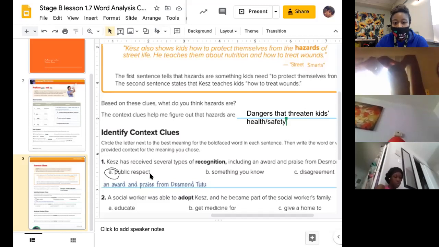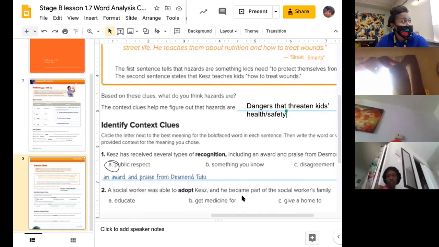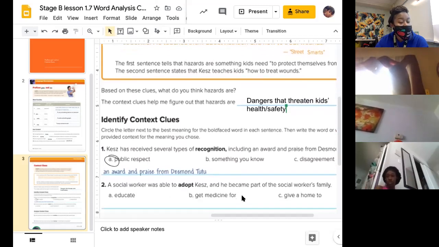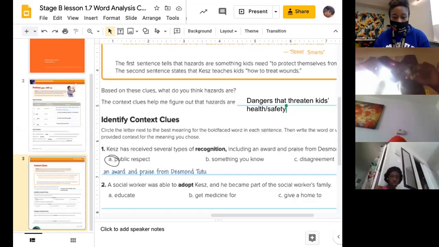All right, you guys are gonna do number 2, and then we'll go over it. A social worker was able to adopt Kes, and he became part of the social worker's family. So you're gonna try to figure out the meaning of adopt. Circle which multiple choice answer you think describes that, and then give me a clue. Number 2.